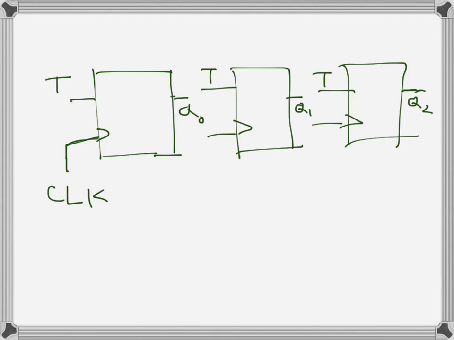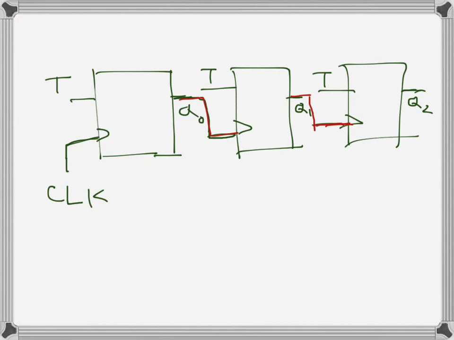So the output of the first flip-flop will be connected with the clock of the second one, and the output of the second flip-flop, I will use a different color maybe, is connected with the clock of the third flip-flop. That's how we will connect the clocks.